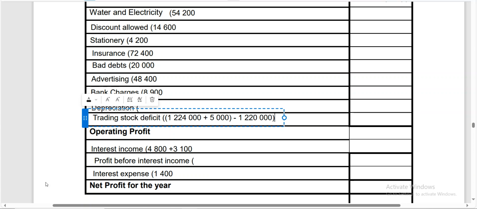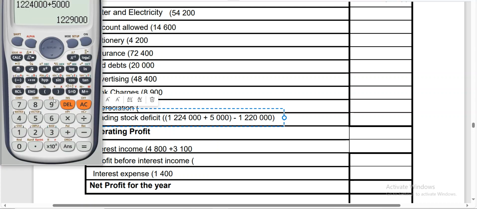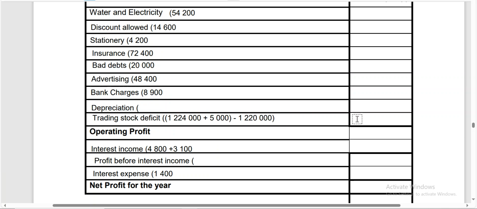Okay. So let's see the answer that we are going to get. Remember, 1,229,000 minus 1,220,000 is giving us 9,000. So we would have a trading stock deficit of 9,000. So that 9,000 will come here.